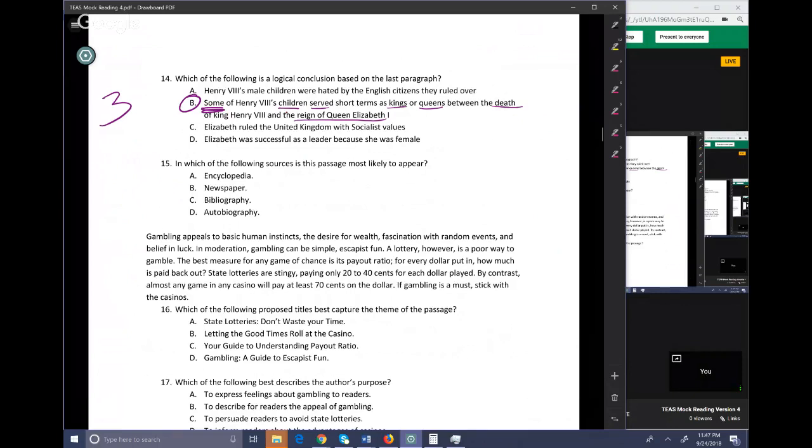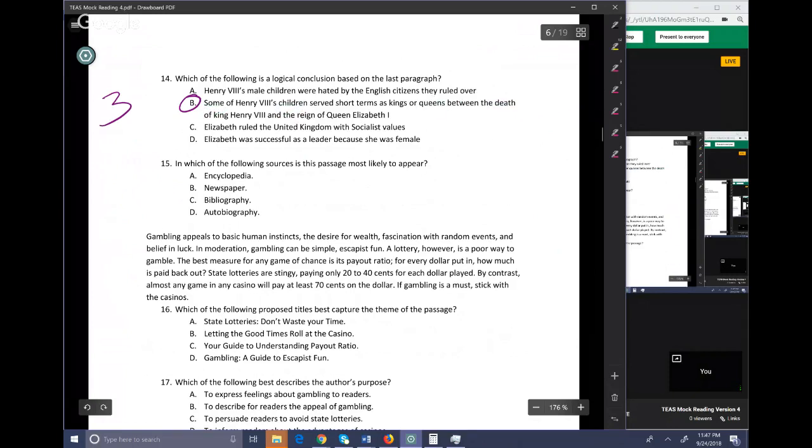That's a reasonable inference because it says there was a rapid succession of his kids to the throne. That tells us they were on the throne, which is they served as kings or queens, and they were short terms because they were rapidly succeeding to the throne.